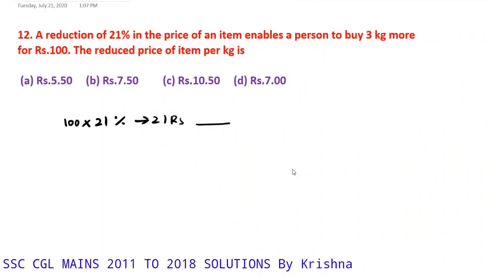So these 21 rupees enable the person to buy 3 kg more. So per kg will be 21 by 3, that is 7 rupees per kg. So the reduced price of the item per kg is 7 rupees.